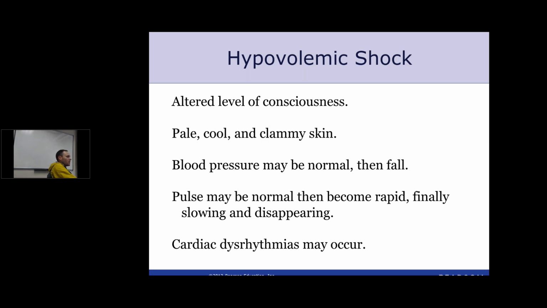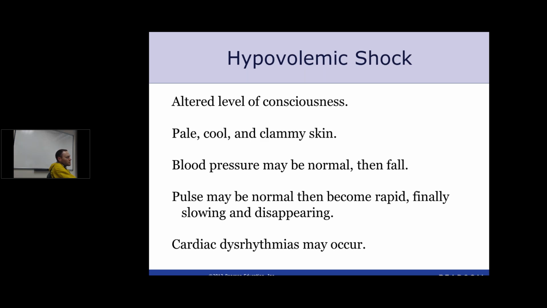Hypovolemic shock, when you don't have enough volume, these are the patients oftentimes that have that altered level of consciousness. They don't have the volume, their brain's not being perfused. These guys are certainly pale, cold, and clammy. Blood pressure will try to hold on, but then it'll fail.